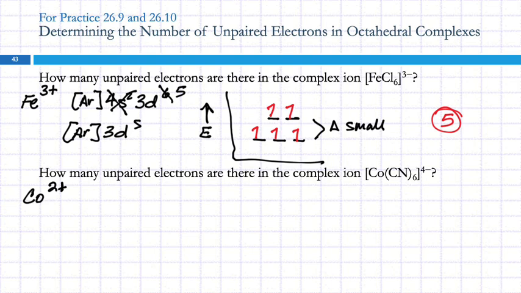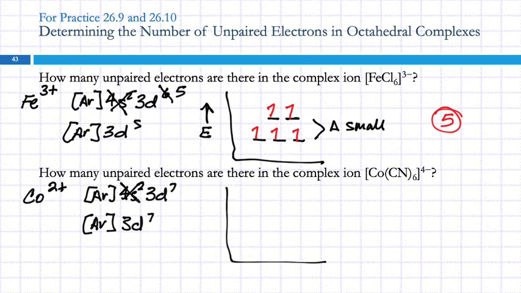It's right next to iron, with one more electron. When we make it an ion, we lose the two 4s electrons and nothing else. So 3d7, 7 electrons.